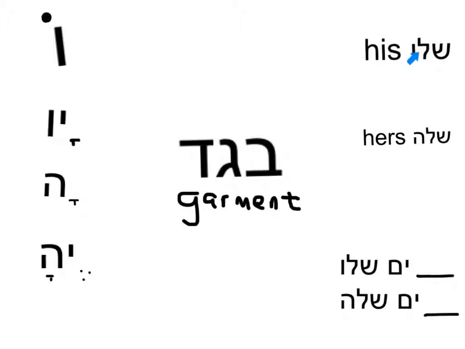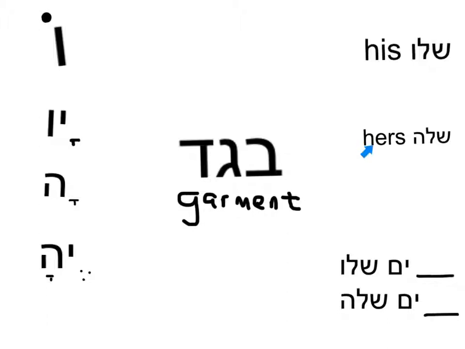So let's start with our basic building blocks. You have some basic Hebrew words which are pronouns, which tell you who the object belongs to. Shalo would mean that it's his. Shala means that it's hers. That is our 2 basic pronouns here.